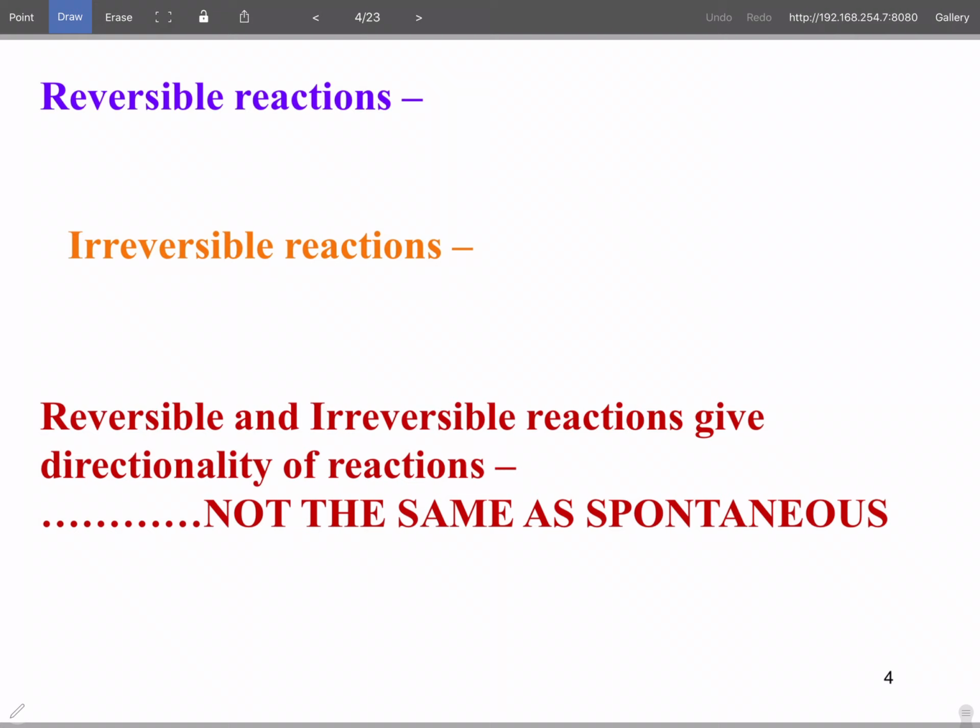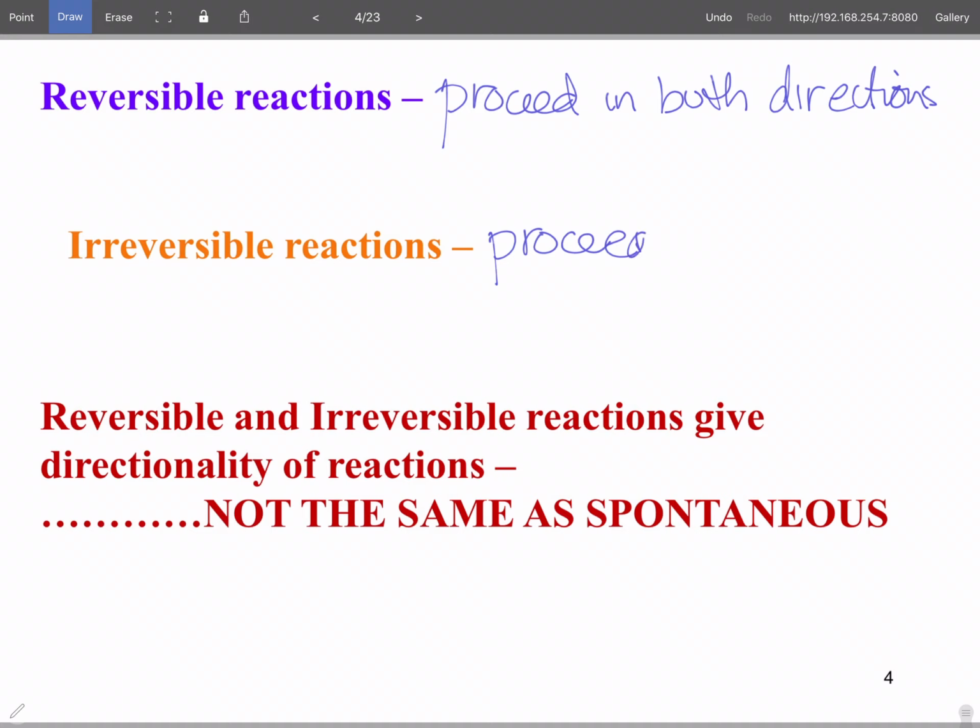So, reversible reactions proceed in both directions. These are the ones that form an equilibrium. And remember, when I say directions, I mean reaction to favor. Irreversible reactions proceed in only one direction.